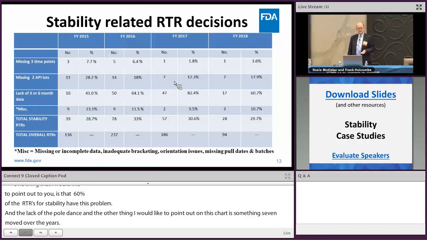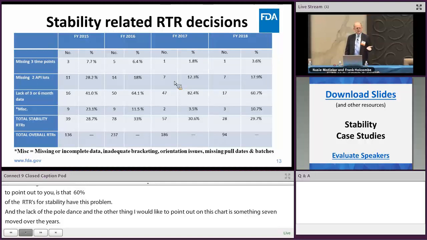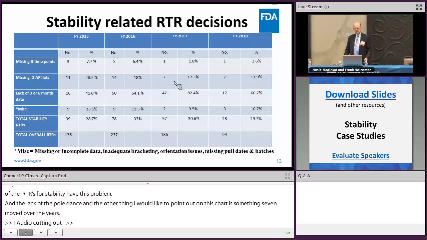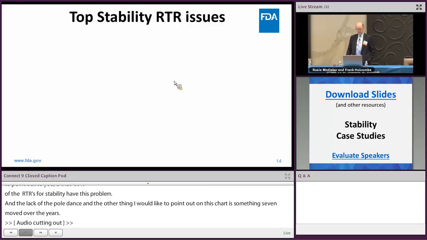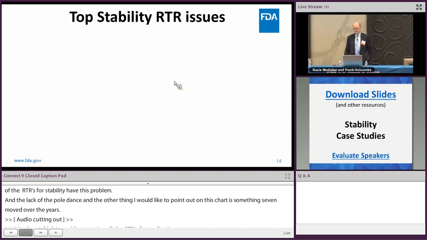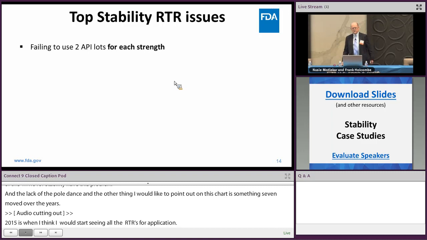They've hovered around 30% of all the RTRs for an application. These aren't in any particular order, but they're just the top stability RTR issues, and they mirror a little bit the talk from this morning. And I'll move through these a little quickly here.